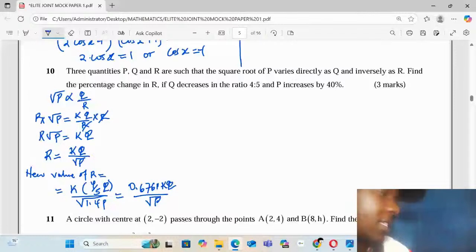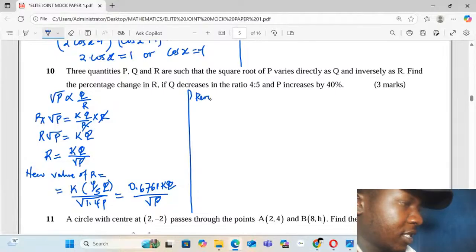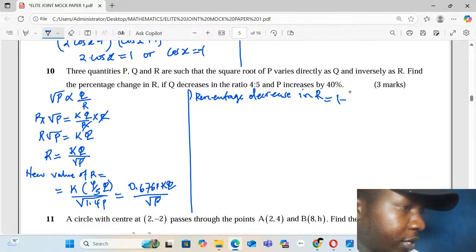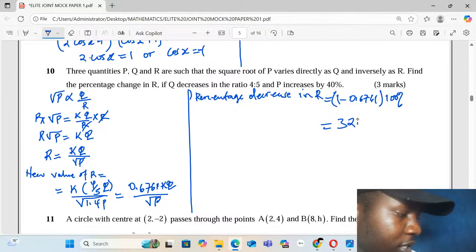The percentage decrease in R will be given by 1 minus 0.6761, then times 100%, since it is a percentage, so that we get 32.39% decrease.